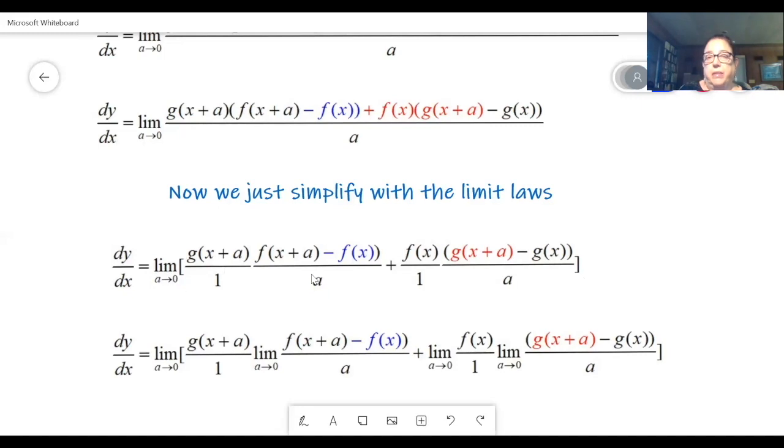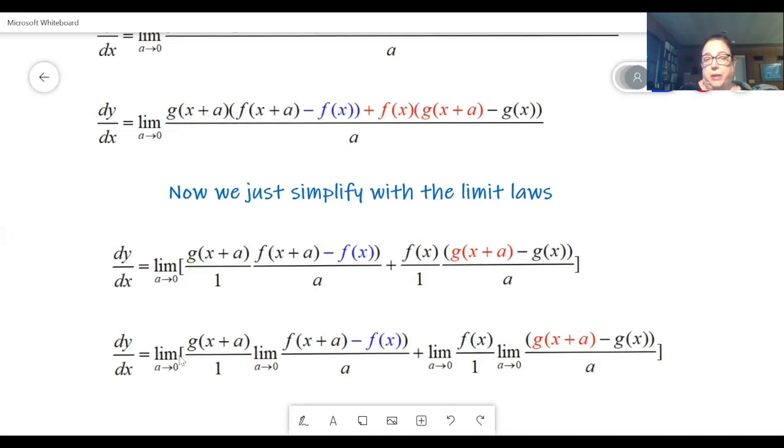Well, now that we have a product plus another product, we can remember the limit laws and take the limit of each part. So the limit of a product is the product of the limits. The limit of a sum is the sum of the limits. And finally, the limit of this product is the product of the limits.